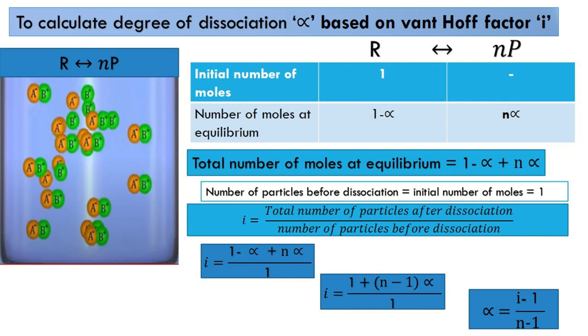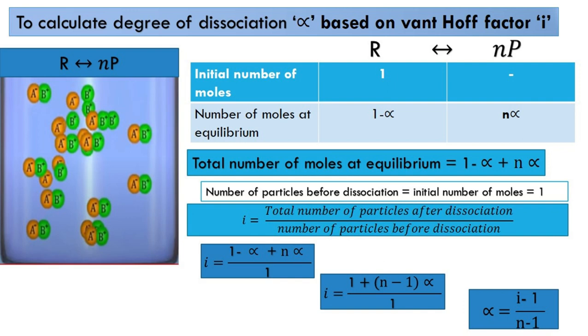Let us calculate the degree of dissociation alpha. In a closed container, let us take 1 mole of reactant R. After some time, let us assume reactant R has dissociated to n number of products P, and the system has achieved equilibrium.